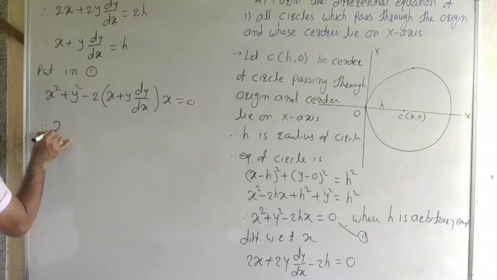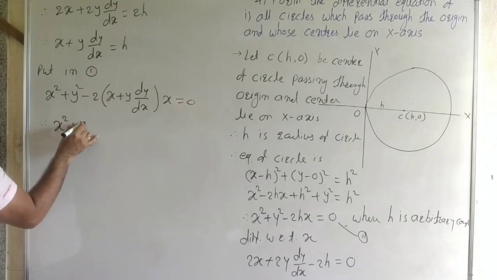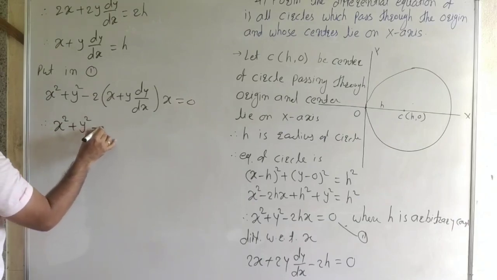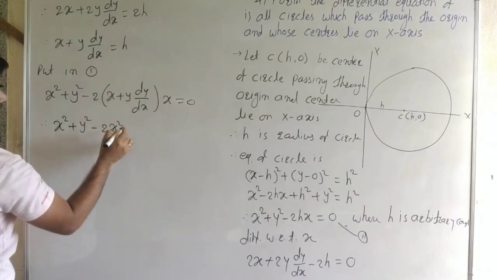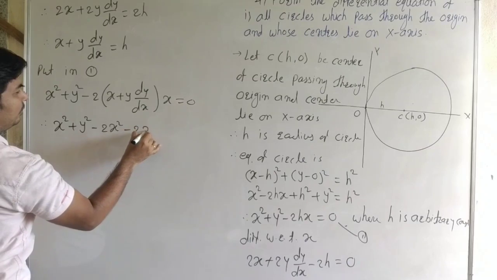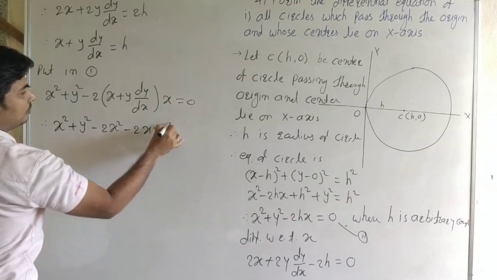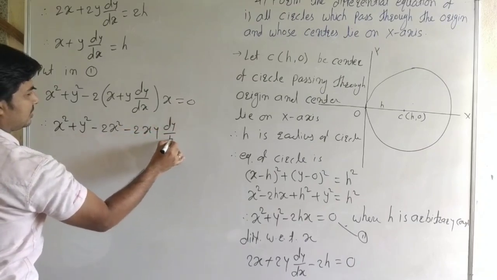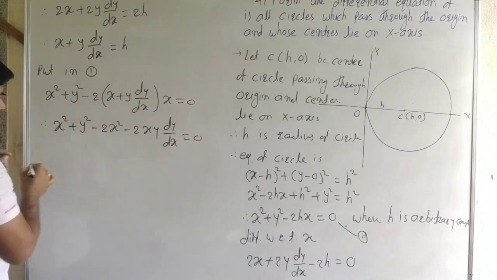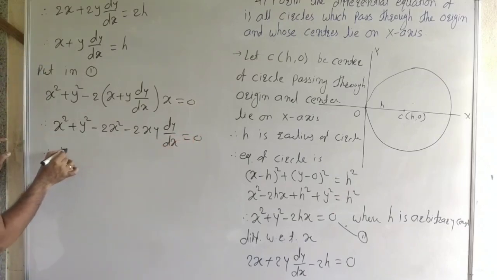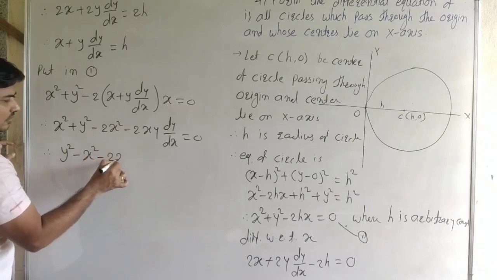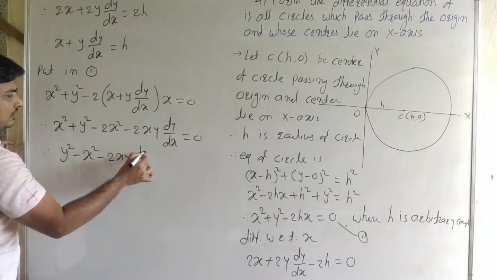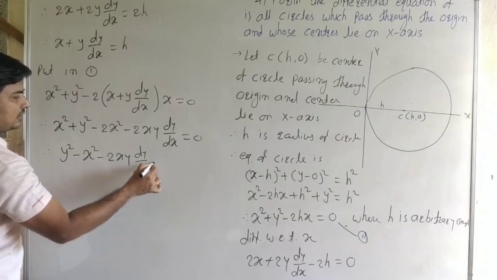Then x square plus y square minus 2x square minus 2xy dy by dx equals 0. And now the last answer: y square minus x square minus 2xy dy by dx equals 0.